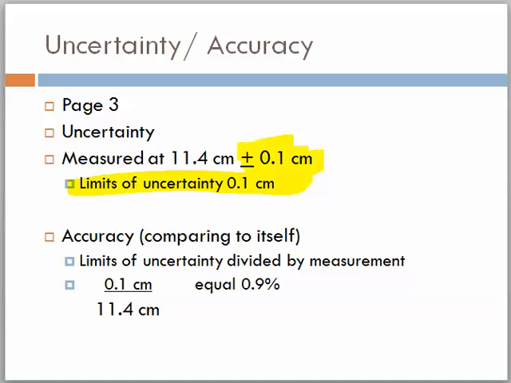So up here, if we take our limit of uncertainty, this plus or minus 0.1, and compare it to the size of the object that we're measuring, we find out that our uncertainty is only 0.9%, not 90%, less than 1% inaccurate. This is a fairly accurate measurement because this object is so much larger than our uncertainty. So that's how we would go about calculating how accurate something is.